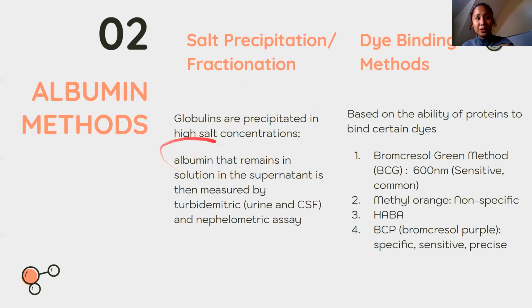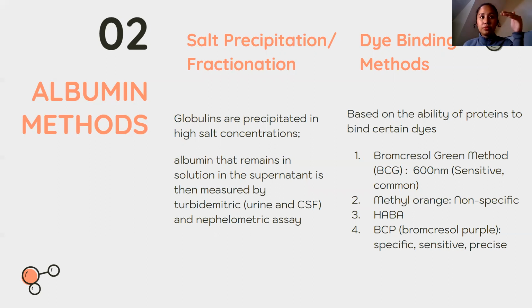And this albumin could now be quantitated via turbidimetric and nephelometric methods. So your urine, your CSF could be measured by turbidimetric. So paki-double check yung turbidimetric ko. So first, for salt precipitation, globulins are precipitated and your albumin remains in the supernatant.